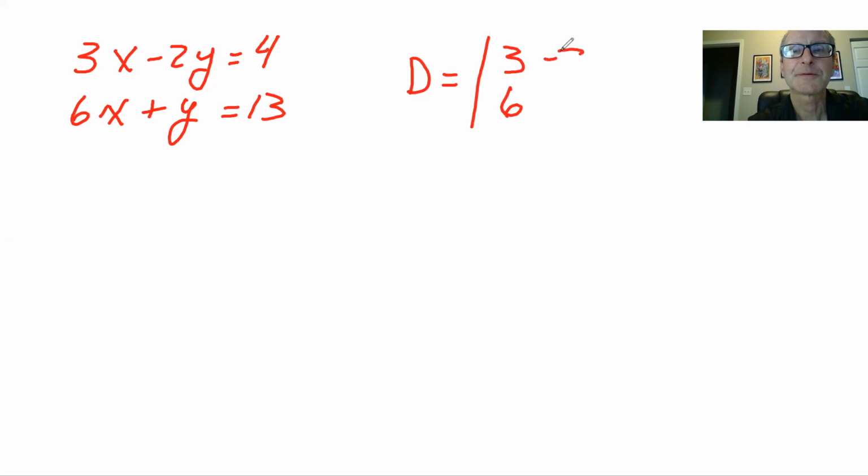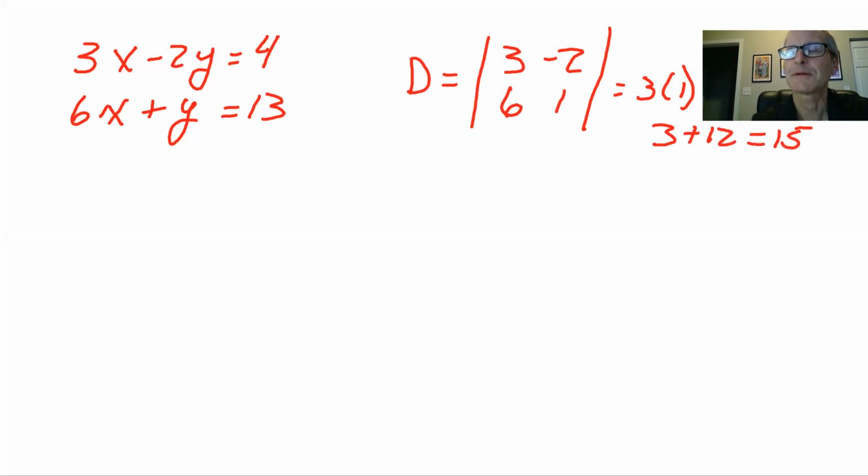The y coefficients are minus 2 and 1. So when you do this, this would be 3 times 1 minus 6 times minus 2. And so that would be 3 plus 12, and it looks like that would be 15. So again, that's what we're going to put down in the denominator.